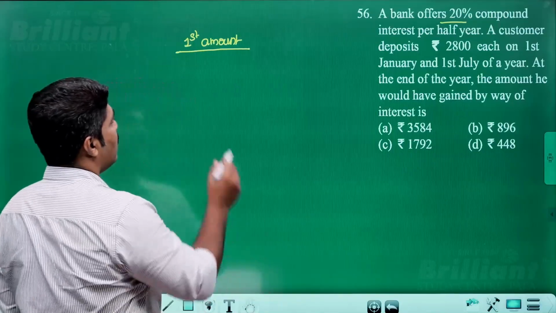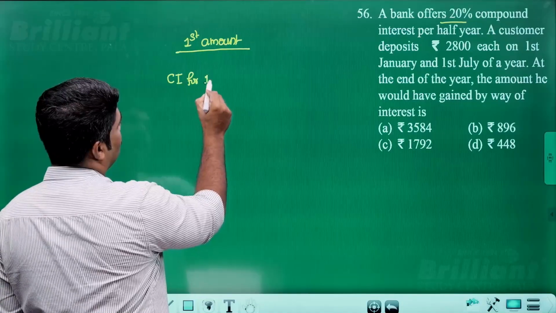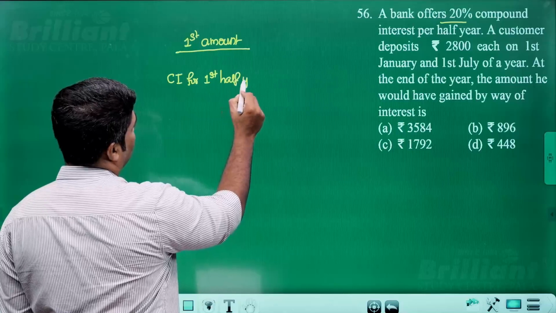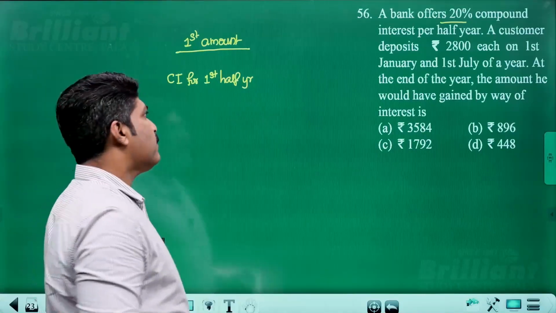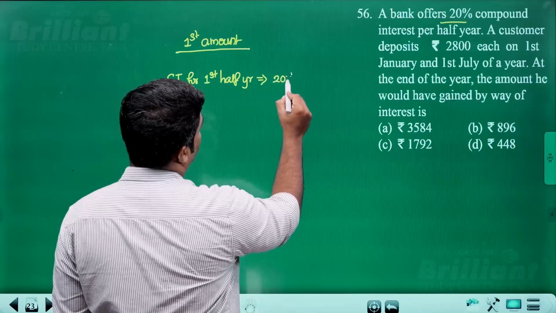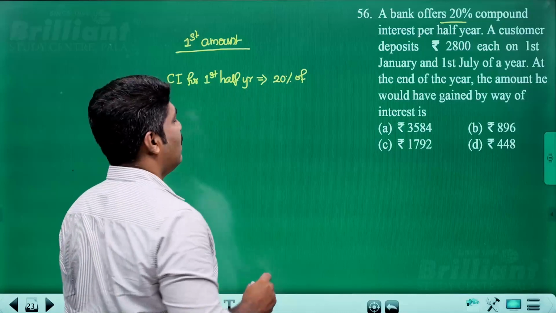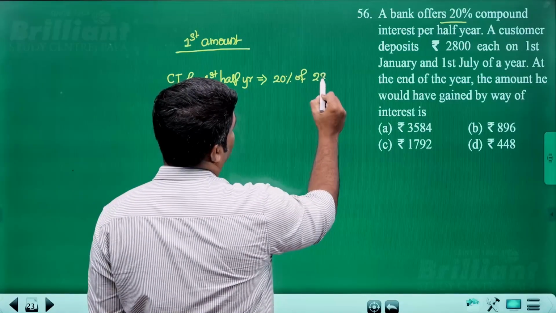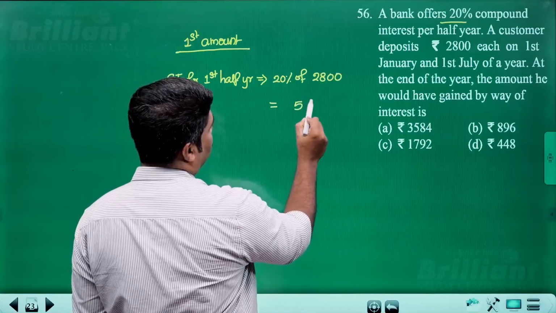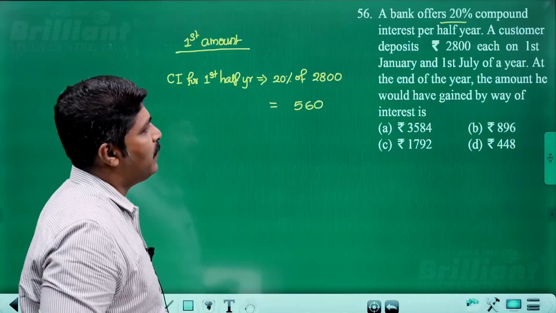There we are considering compound interest for the first half year. So that is simply 20% of 2,800. What is 20% of 2,800? That is equal to 560. Clear? That's equal to 560.